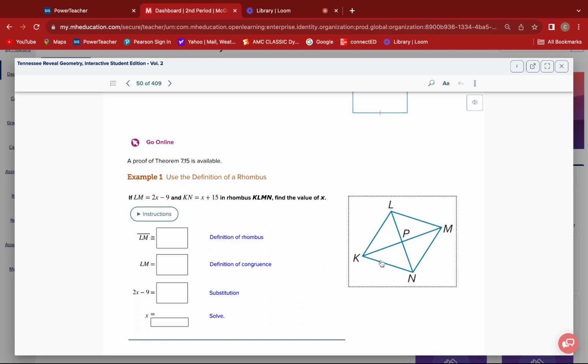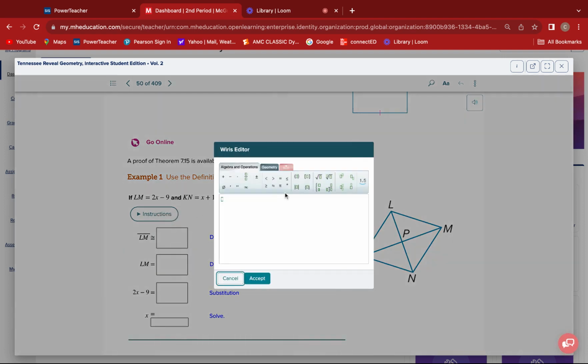So I am going to set those equal to each other. The 4 sides of a rhombus are the same. So that LM is going to be equal to KN. I'm sure that's what they're going to want me to do.